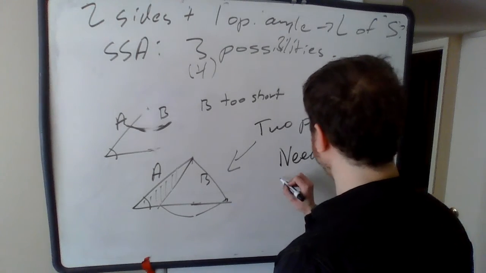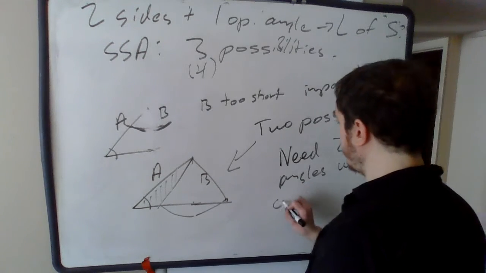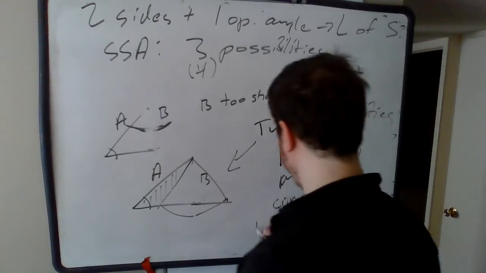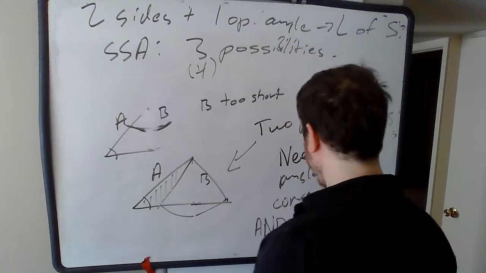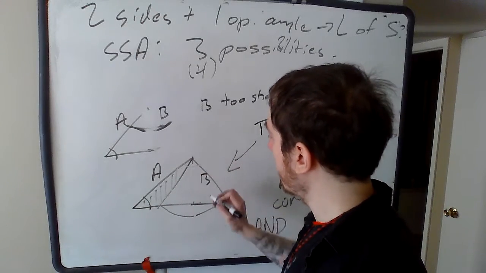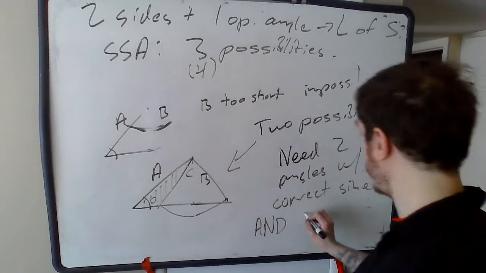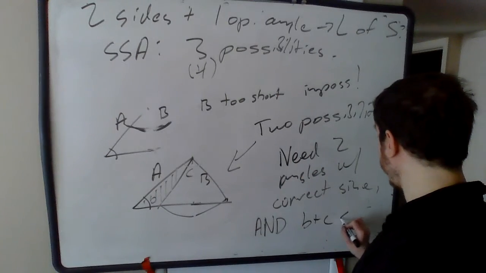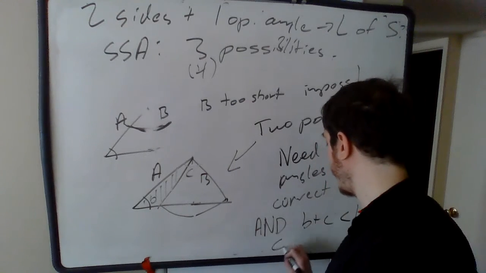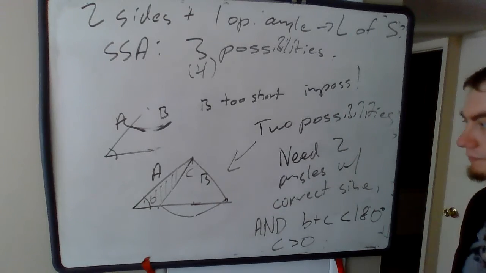So we need 2 angles with the correct sine, and when I add this angle up here, so let's call this angle little b and this angle little c, b plus c needs to be less than 180 degrees. We also need that c has to be bigger than 0.